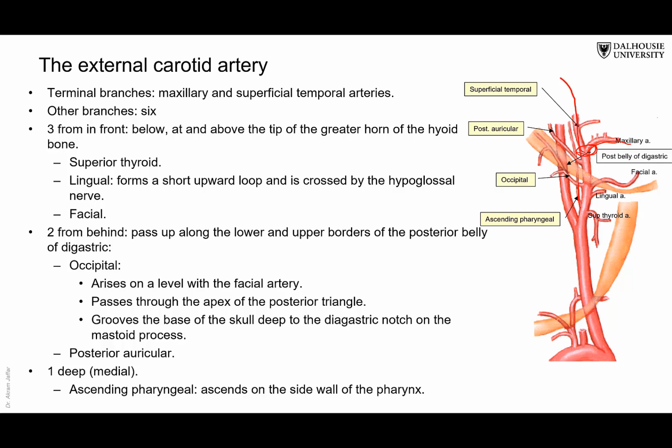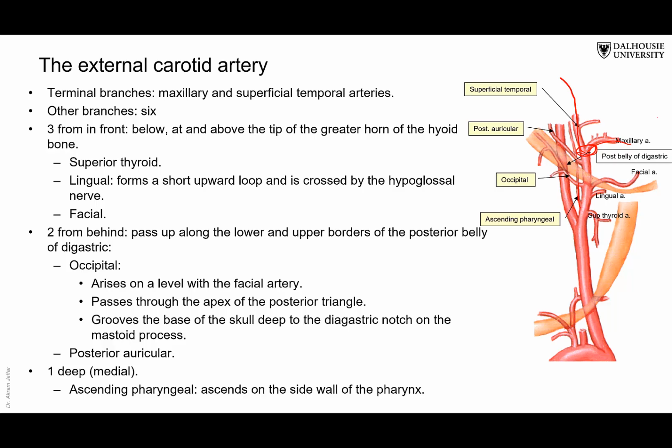You are familiar with the superficial temporal artery from your study of the face and the scalp. And then the maxillary artery will be studied in the infratemporal fossa. You will not be able to see it on the face because it is located deep to the mandible, deep to the ramus of the mandible.